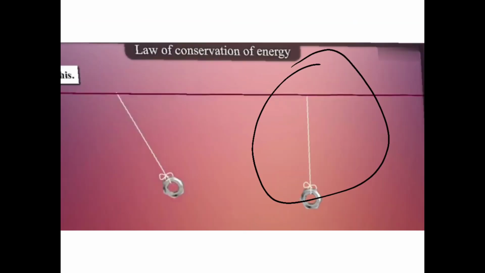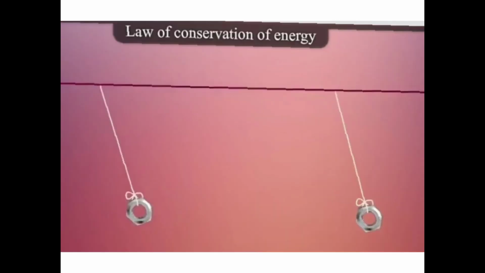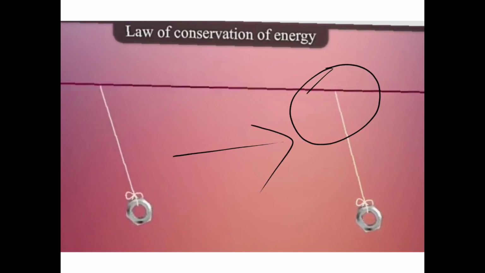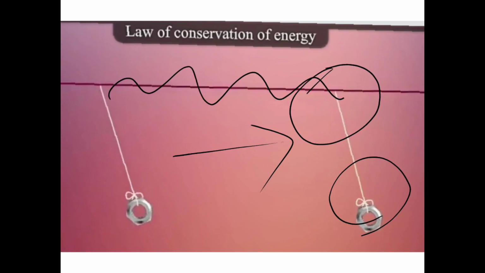This was the next. Previous, next. So what happened? The energy got transferred to the other string. I didn't touch this string. From here the energy has moved and it has come to the other string. Okay.